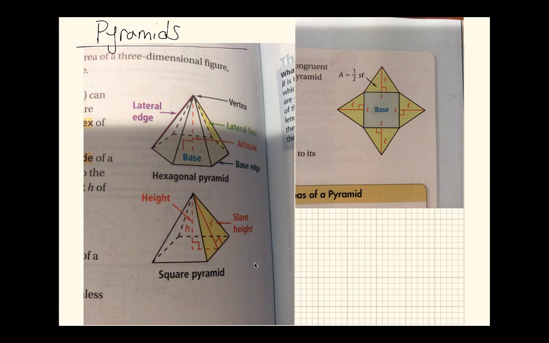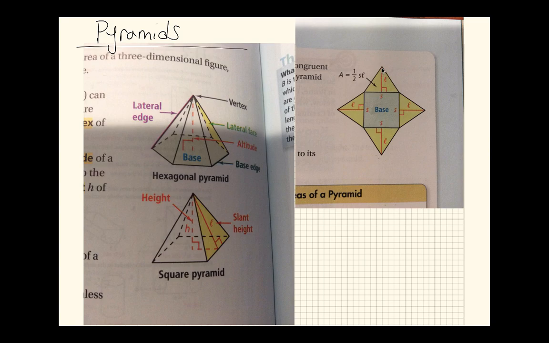So imagine I folded all these flaps down in this square pyramid. This is what it would look like. So this slant height here, those are all the heights of the triangles that are these lateral faces. Pyramids are made up of one base and then a bunch of triangles, depending on how many sides the base has.